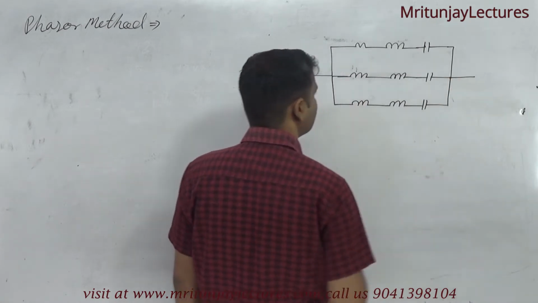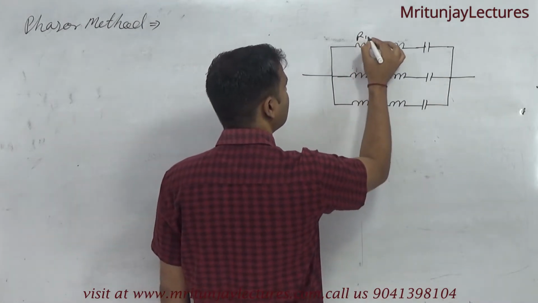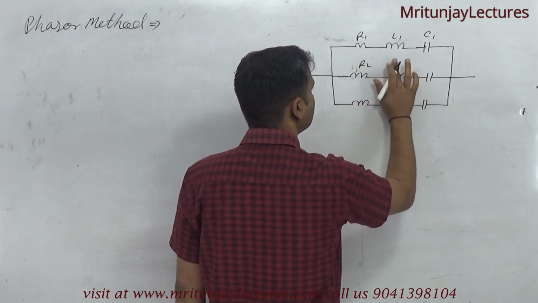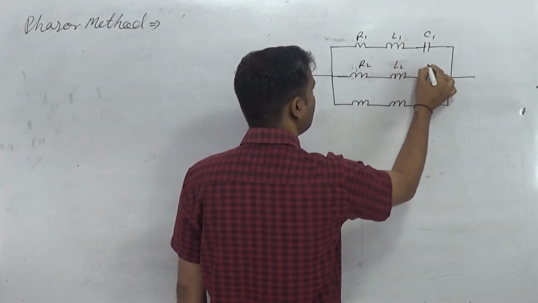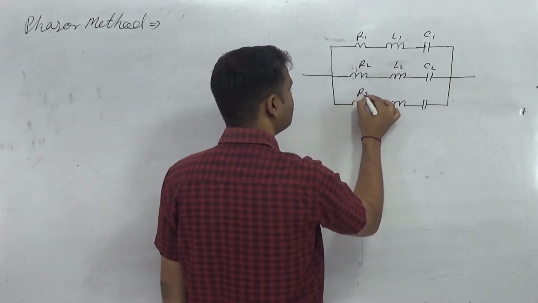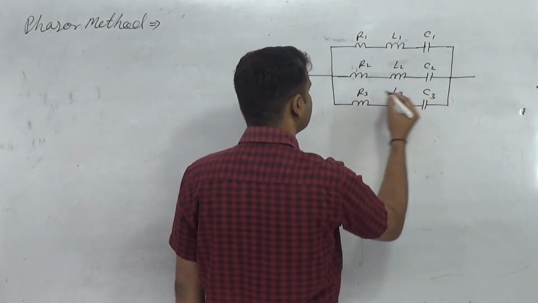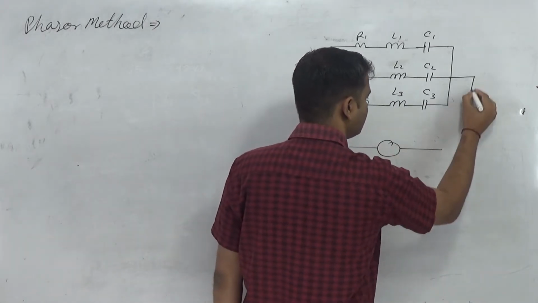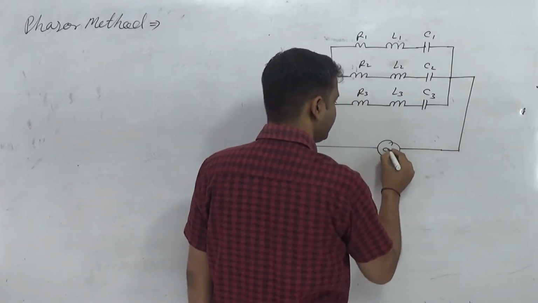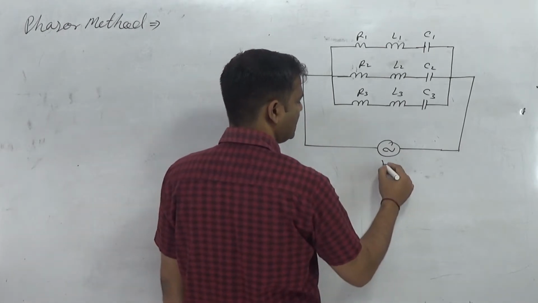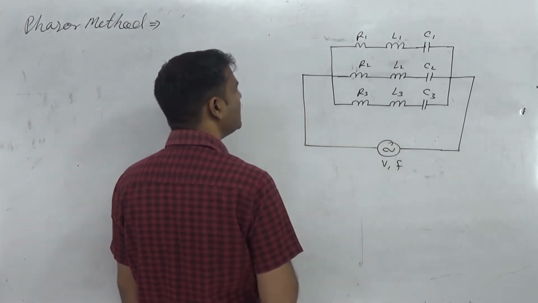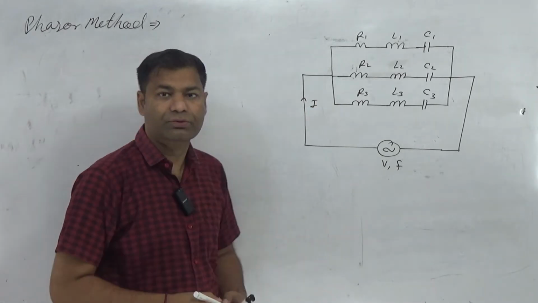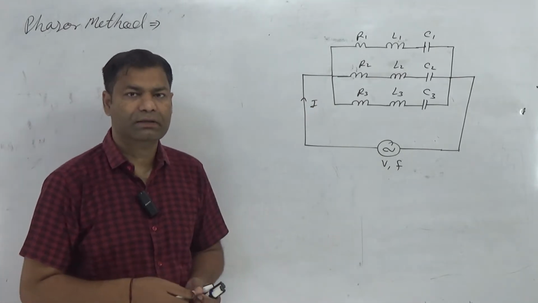This combination of three branches, R1, L1, C1, R2, L2 and C2, R3, L3 and C3, is connected to a supply voltage V and frequency f, and the current going through the source is capital I.